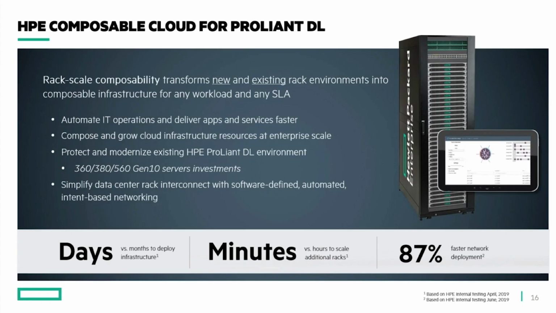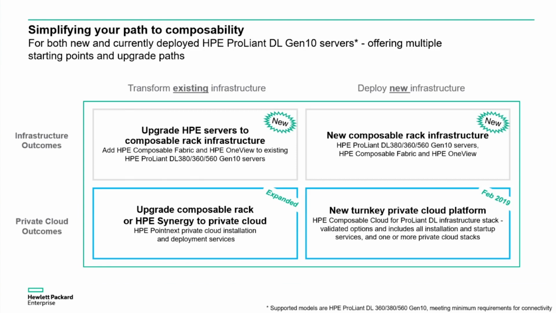In fact, I'm going to go to this slide, and I'll go back here, is that we recently changed how you can buy this. So initially, we started in the bottom right side corner there, where in order to get the advantage of all these capabilities together, you needed to buy it as one big package. You needed to buy the servers, the fabric, the licensing, and the services to deploy it.